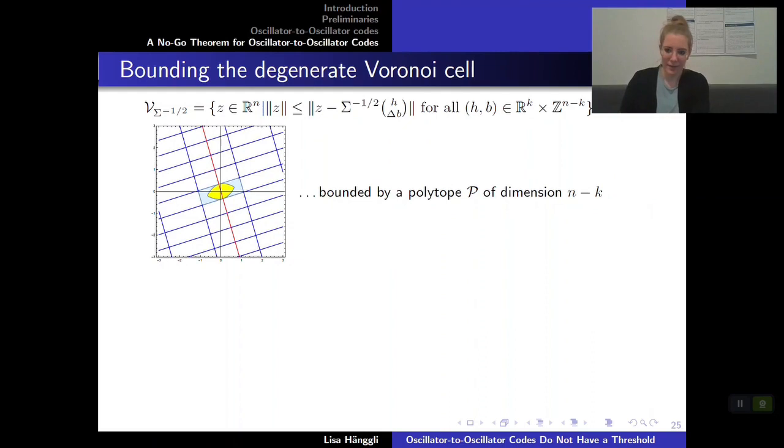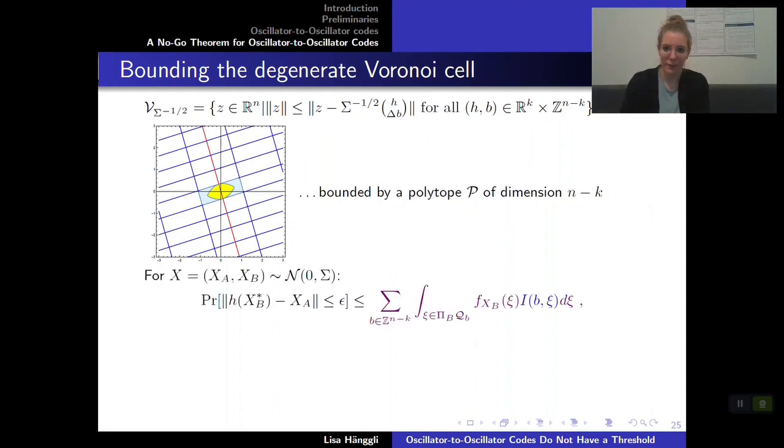And with an appropriate parameterization of these polytopes, we can show that for a centered normally distributed vector x with covariance matrix sigma, the success probability of the classical problem is bounded by a sum of integrals given on the right-hand side.